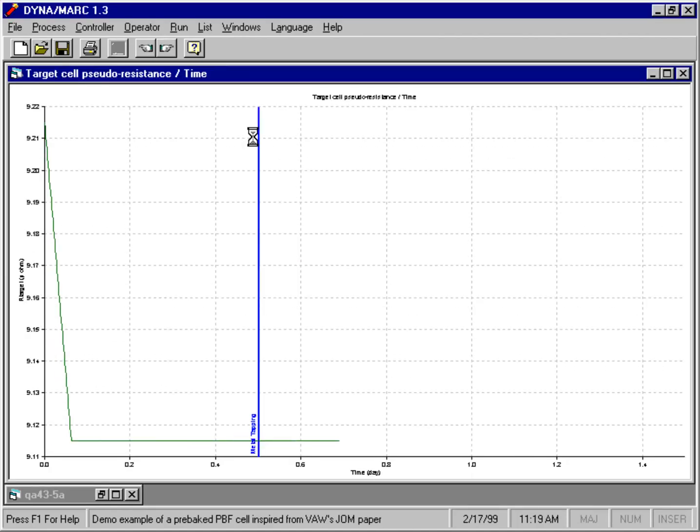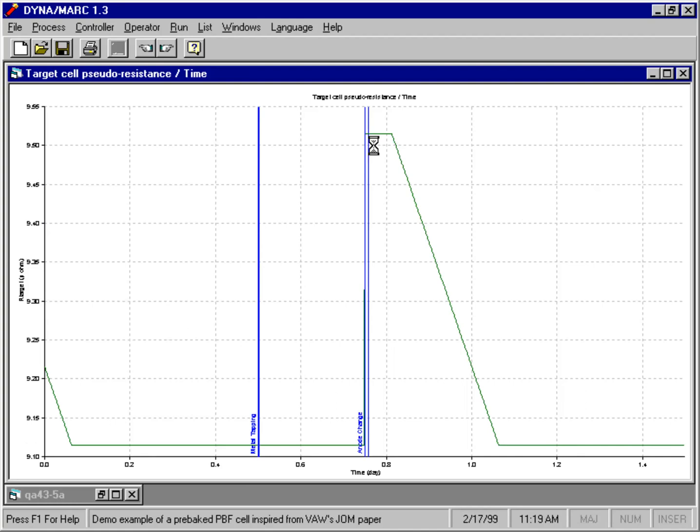Here we program, at the time of the anode change, a change of the target resistance for an amount of time, and then a ramp back to the initial value of target resistance of the cell in order to maintain the anode cathode distance constant, considering the fact that the current density increases after a new anode is set.